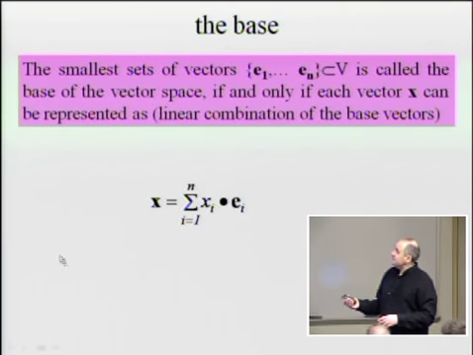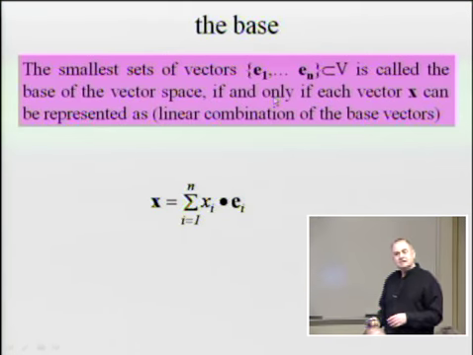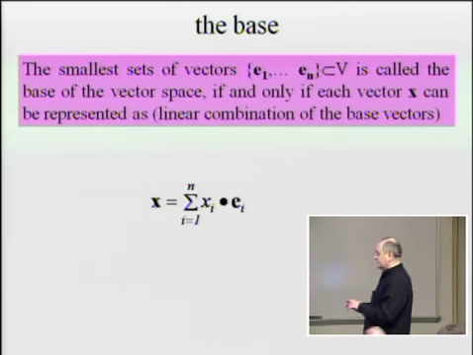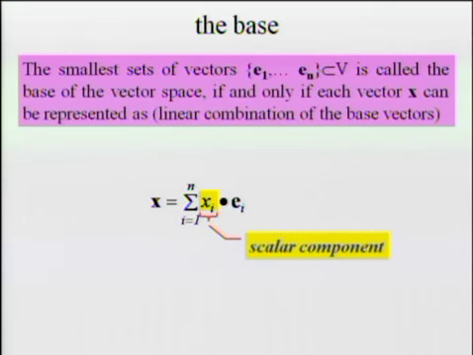These vectors I, J, and K, or in general these vectors over here, are referred to as the base of that space. Now, I want you to learn a certain terminology, and for some reason you will have a problem with this.